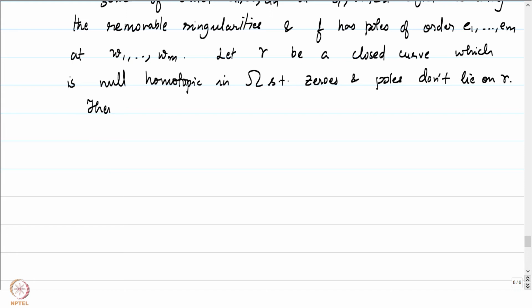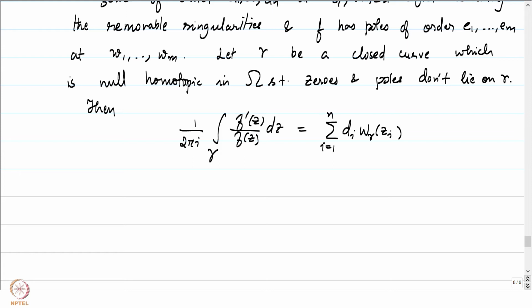Then the conclusion tells us that 1 by 2 pi i times the integral over gamma of f prime of z by f of z dz is equal to the summation of d_i times w_gamma of z_i, where i is going from 1 to n, minus the summation j equal to 1 to m of e_j times w_gamma of w_j, where w_gamma is the winding number.